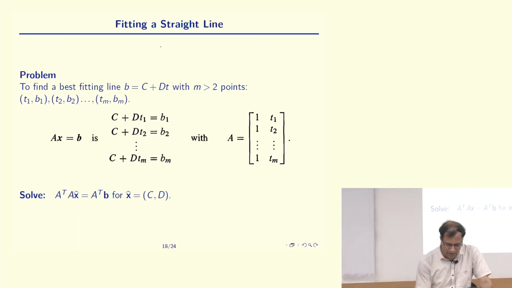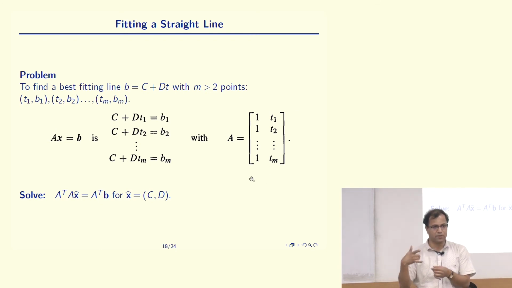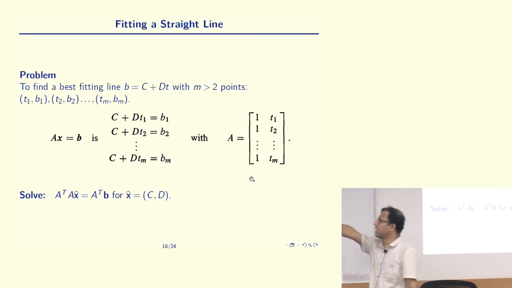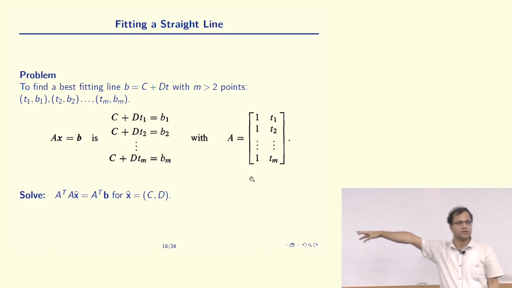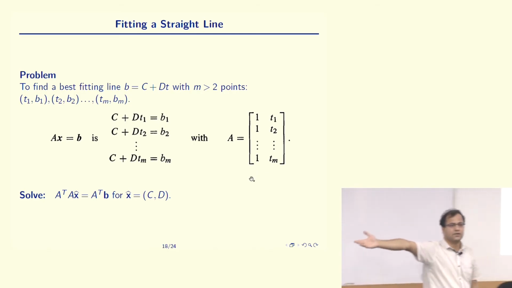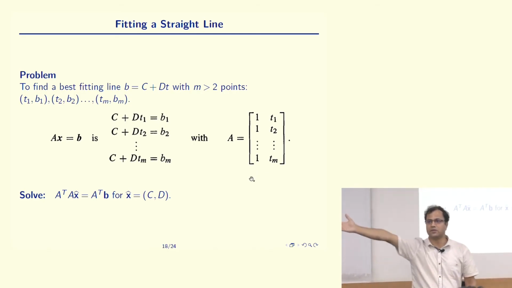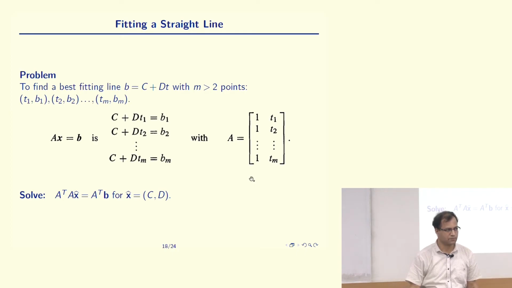We will get the matrix A, and if the number of points is, say, 100, here you will have a 100 by 2 dimension matrix, right? So this will not have a solution. You have to multiply with A transpose on both sides, then find the solution, and that will give you the least square approximation of the solution.